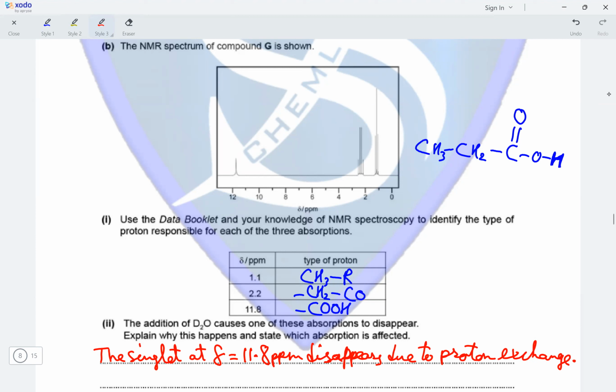So the proton present in COOH is a labile proton, and we give an equation for this proton exchange taking place.